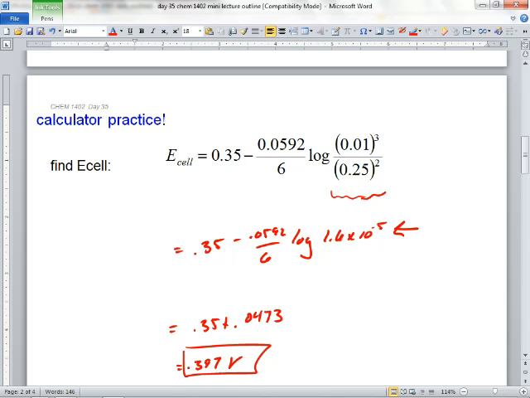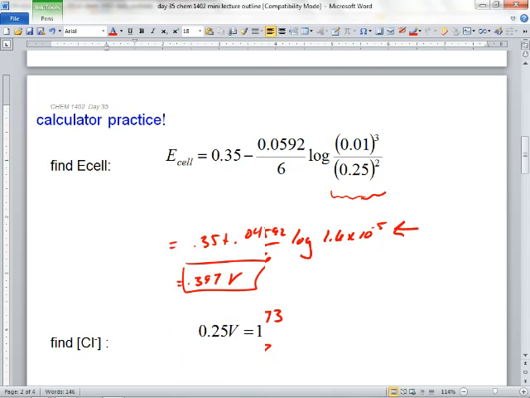Now you got to do log. Take the log of it. Times 0.0592 and hit the plus minus to make it negative. All right. Then divide it by 6. And you should get 0.0473. All right? So one step at a time.